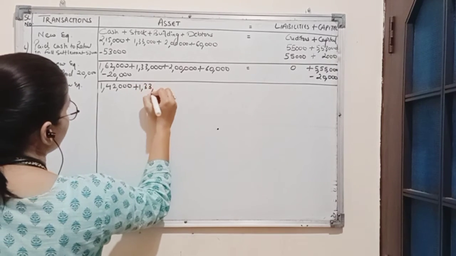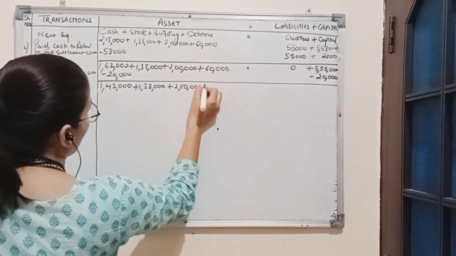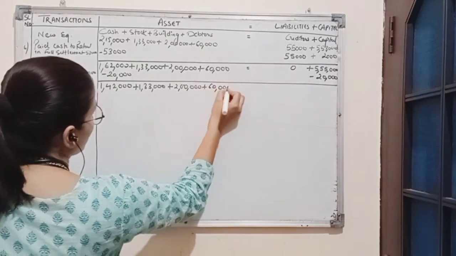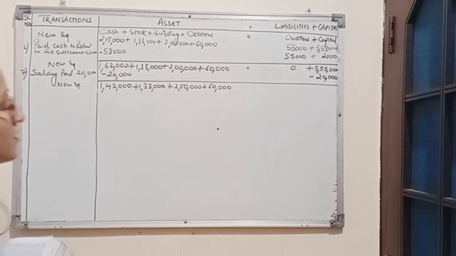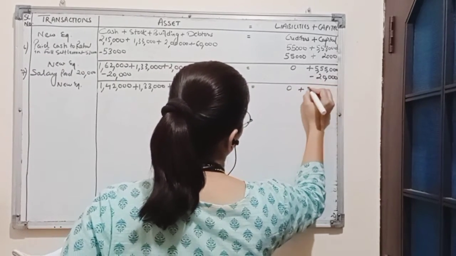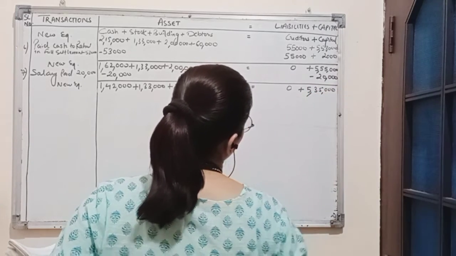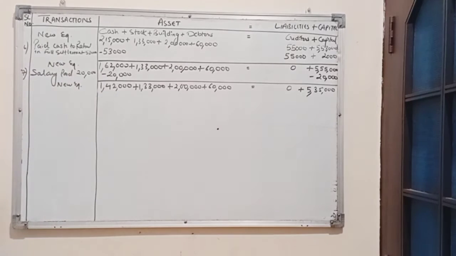Stock remains same, 1,33,000. Building rupees 2 lakh and debtors amounting to rupees 60,000. And in the liabilities column, creditors 0, 5,35,000 is amount of capital.